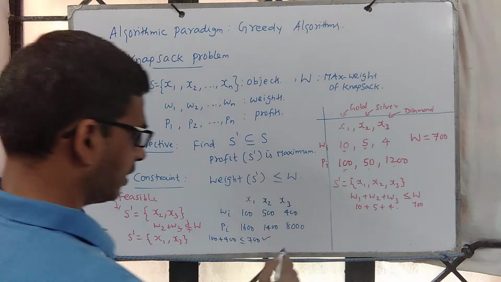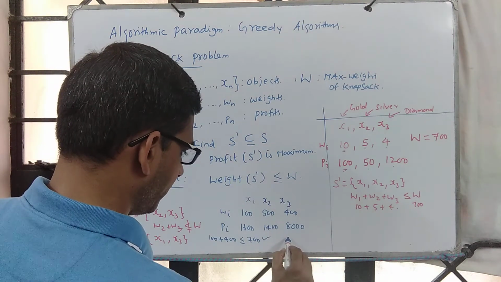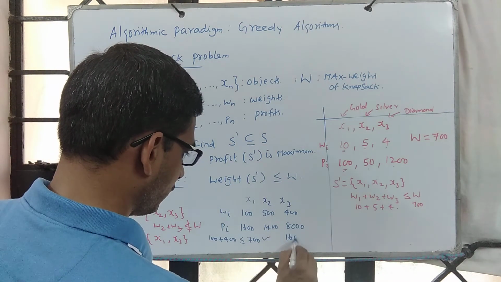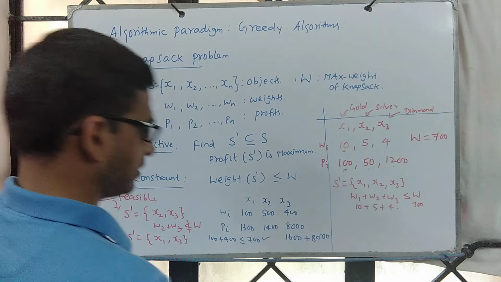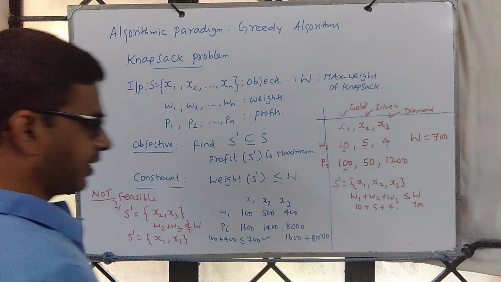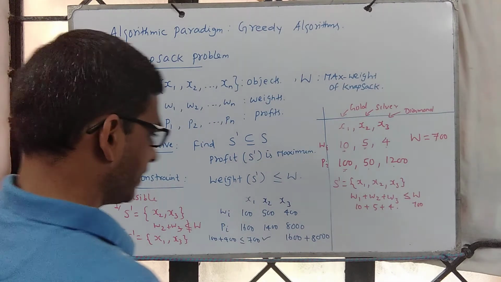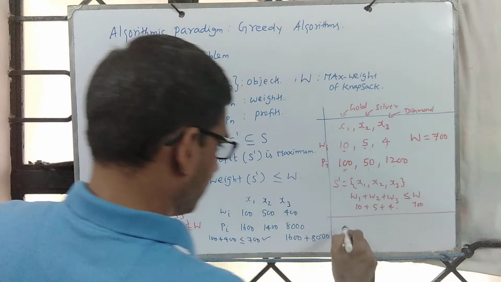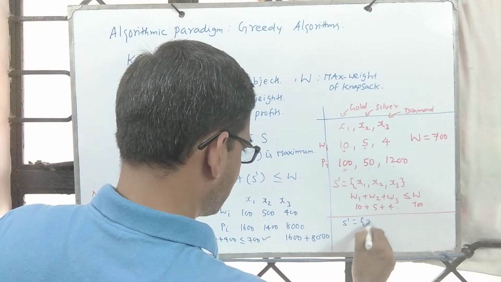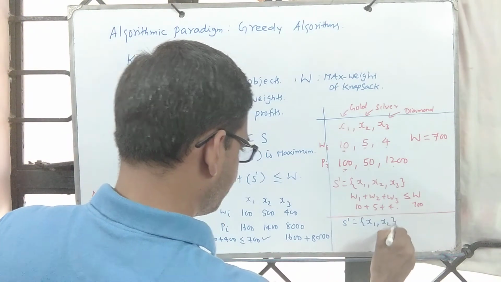Now is this optimum? What is the profit earned? Profit earned for including the first object is this, second object is this. Correct? Now you can also consider S prime to be say x1 and x2.